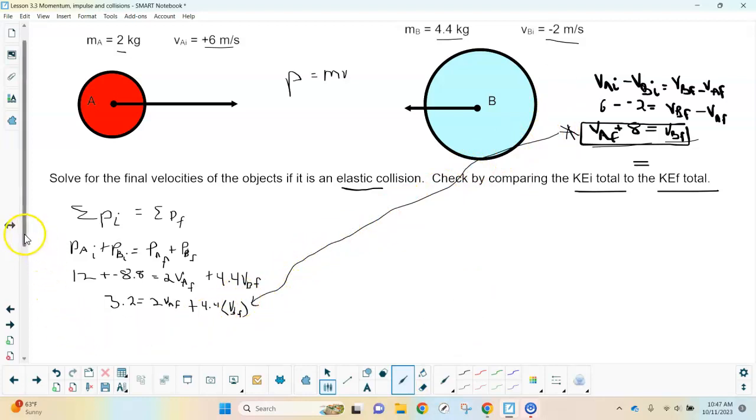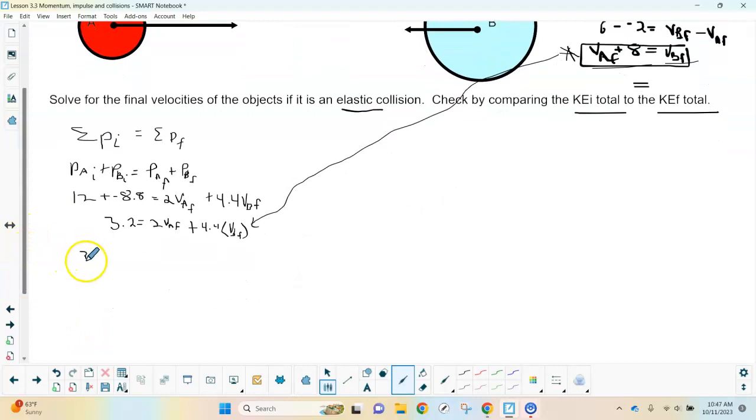Working through this some more, 3.2 equals 2 VAF plus, and then we have this coefficient 4.4 because that's the mass of B, times this whole expression, VAF plus 8. So all we did was substitute in this VBF into there.